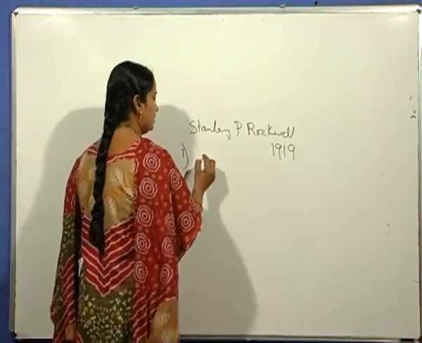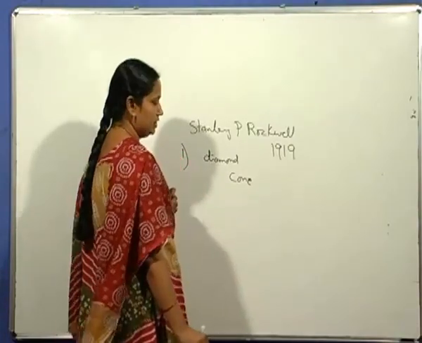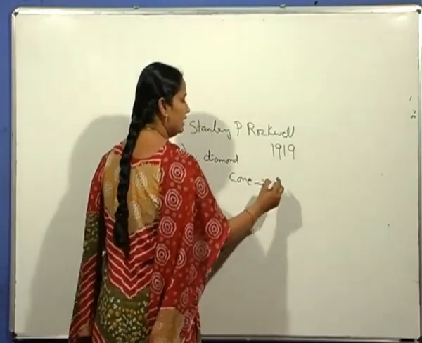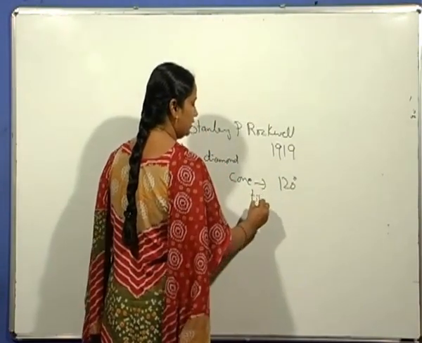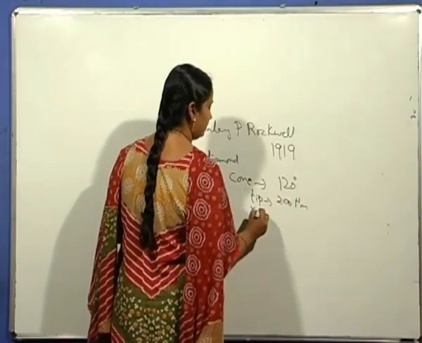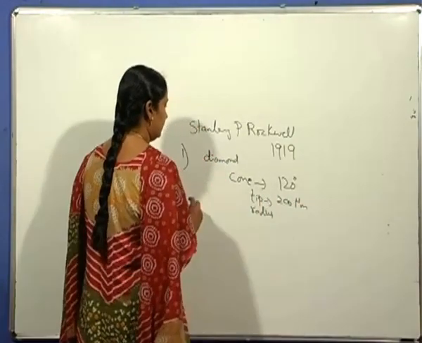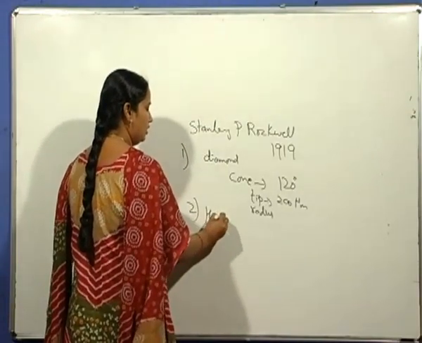One is a diamond in the form of a conical shape with an included angle of 120 degrees and the tip is about 200 micrometers. The second type of indenter that is used is a hardened steel ball indenter.